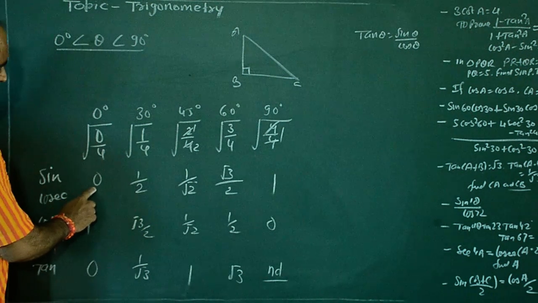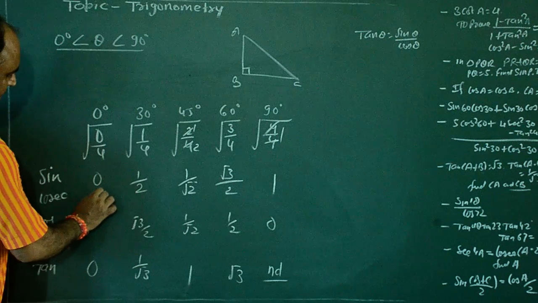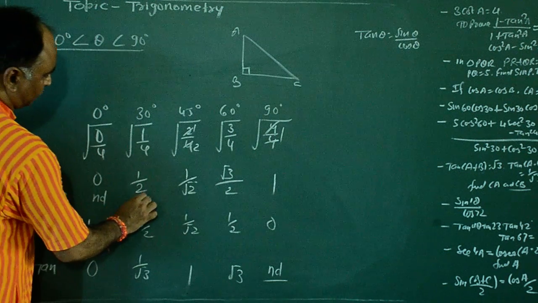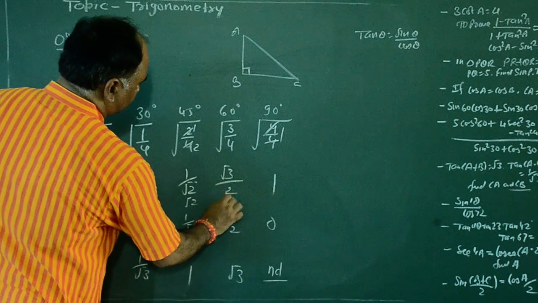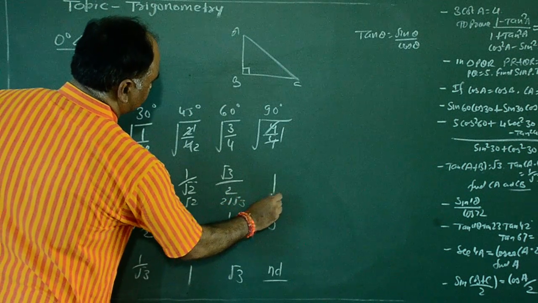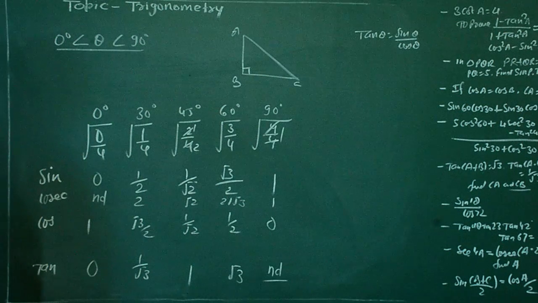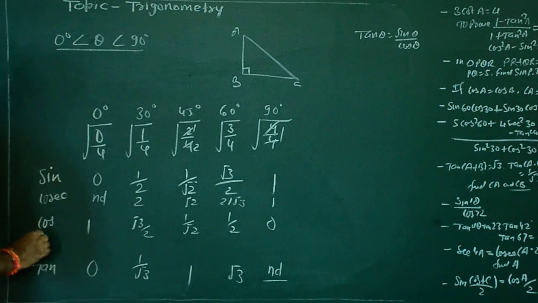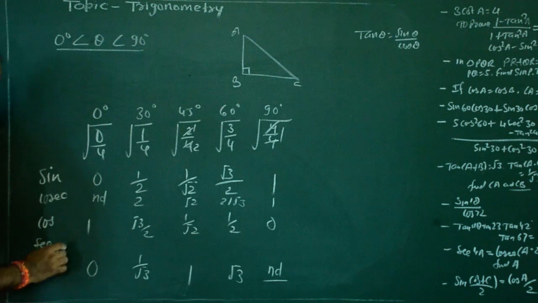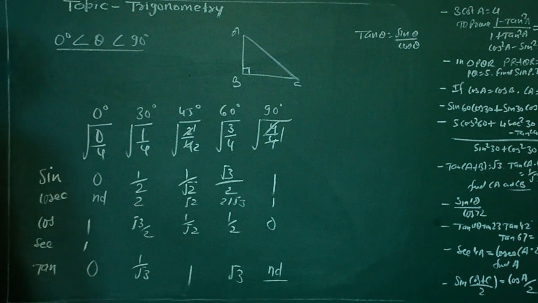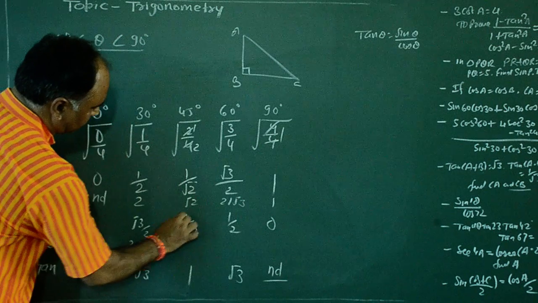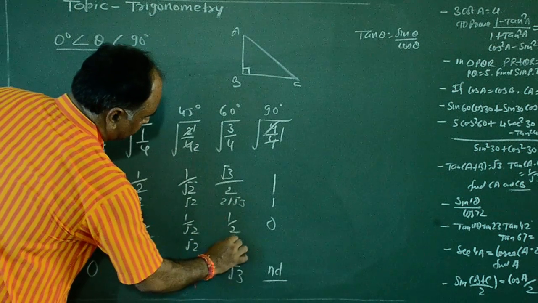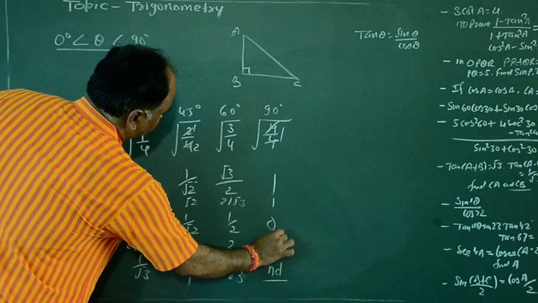And the reciprocal of 0, 1 upon 0, is not defined. 1 upon 2 is 2, then 1 upon root 2 is root 2, 2 upon root 3, and the reciprocal of 1 is 1. Then the reciprocal of cos is sec. So the reciprocal of 1 is 1. This 2 upon root 3, here you have root 2, here you have 2, and here not defined.